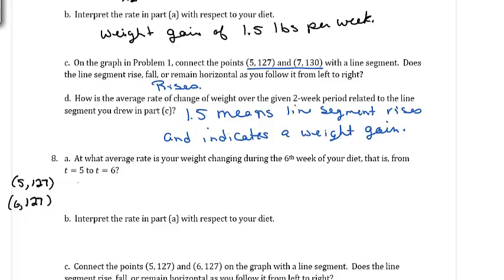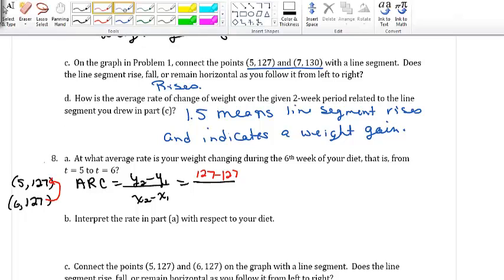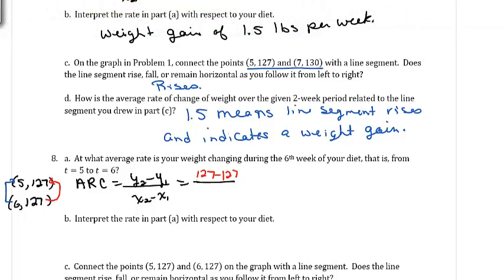Our average rate of change is equal to y2 minus y1 over x2 minus x1. In our numerator, we take 127 minus 127, and in the denominator, 6 minus 5.